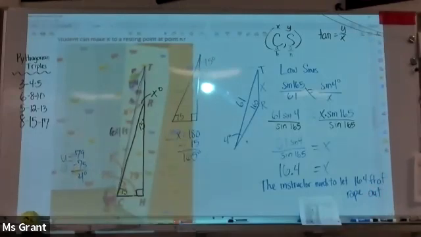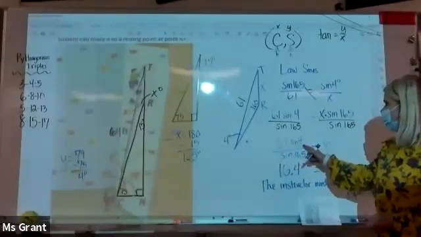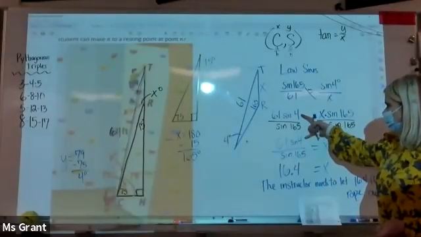What does it say over sine 165 above the 16.4? 61 sine 4. The same as right there. Okay.